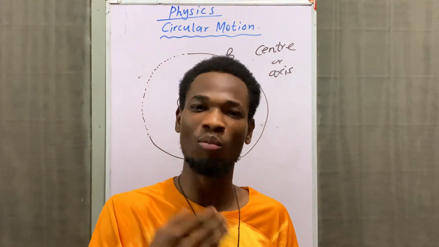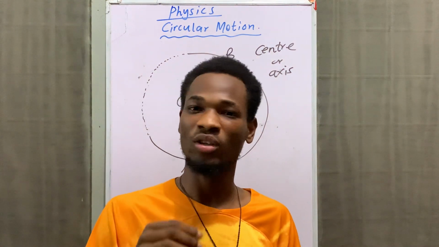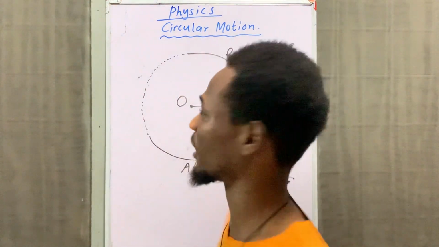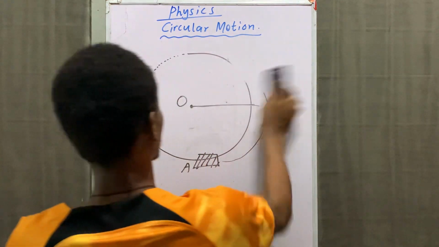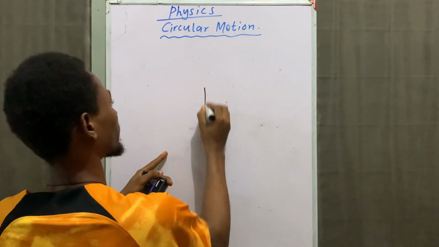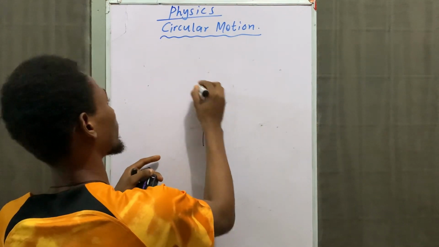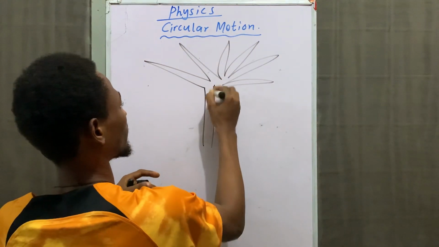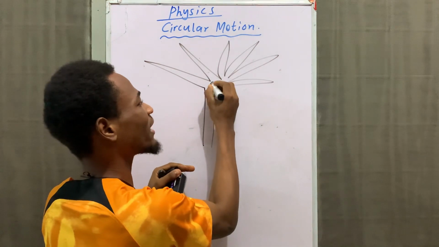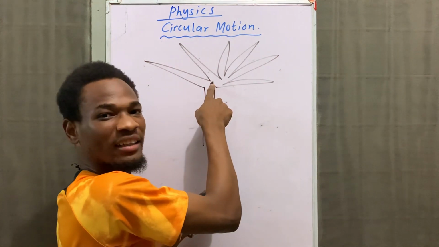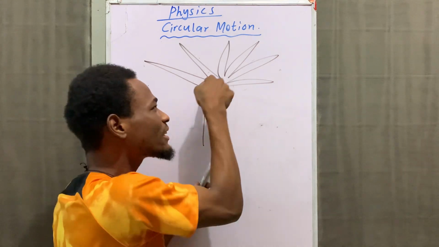For rotational motion, let's say you have a ceiling fan, something like this, and this is the blade. You see, this is where the center lies. And realize that the center or the axis lies inside the body.